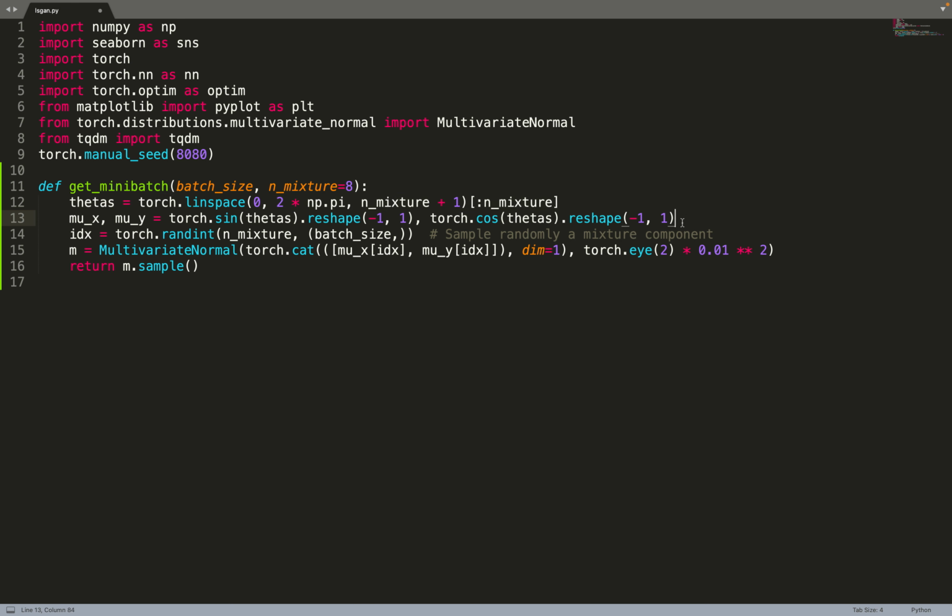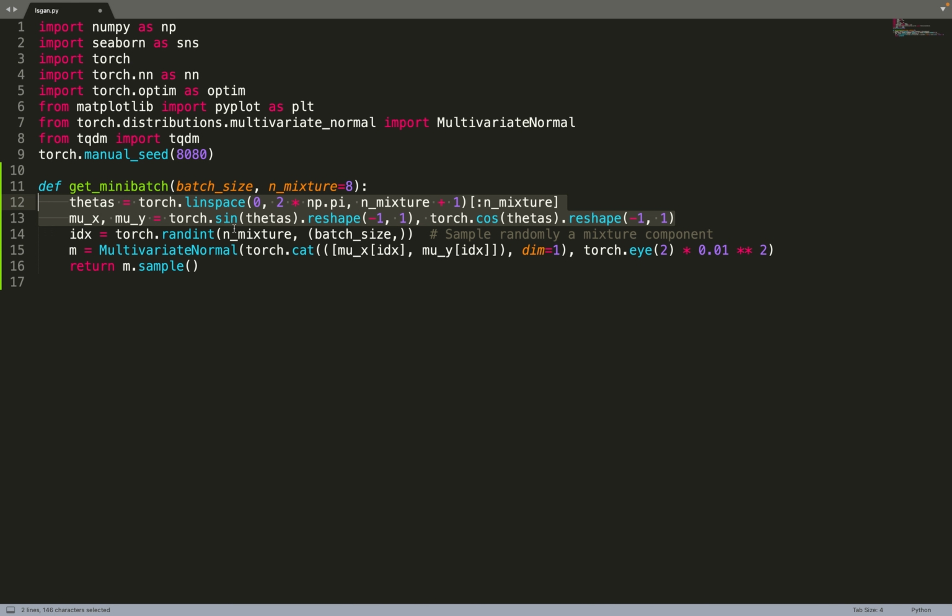So the first thing we do is to create the 8 modes, so creating the centers, the x and y coordinates of the modes, and then as we are sampling a random mini batch, we sample the mixture randomly. So let's say we want 1000 data points, that the batch size is 1000. We sample 1000 mixtures randomly.